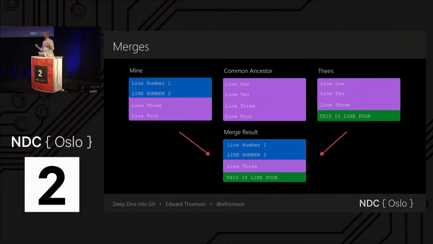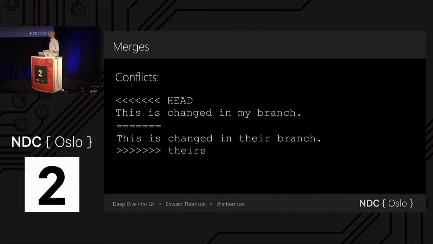Of course, if both people change the same region of a file, you'll get a conflict. I'm sure we've all seen this. There are good merge tools, of course. I like SourceGear DiffMerge, but find a merge tool that you like, unless you really like using VI and cleaning up arrows all the time.